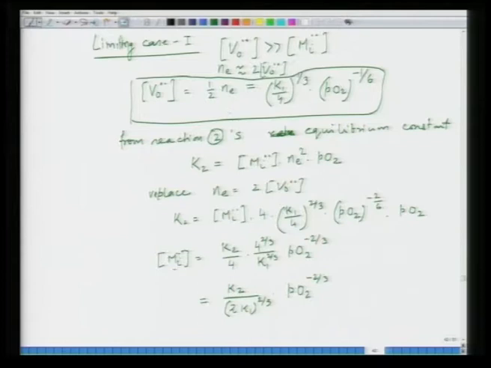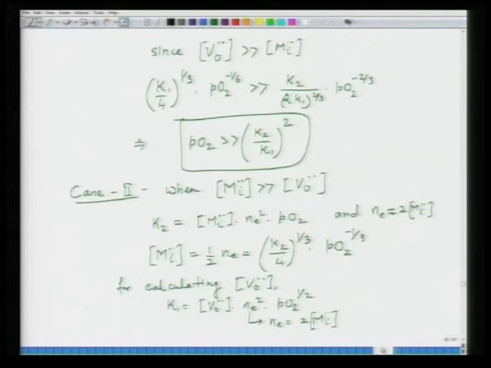As a result, the MI or metal interstitial concentration expression has N, and this N comes from the expression of VO. So VO has a dependence of PO to the power minus 1 by 6, while MI has a dependence of PO to the power minus 1 by 3. And then we also worked out what is the partial pressure of oxygen at which this is going to happen.